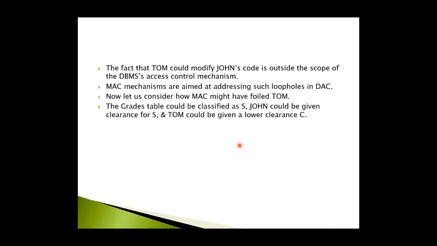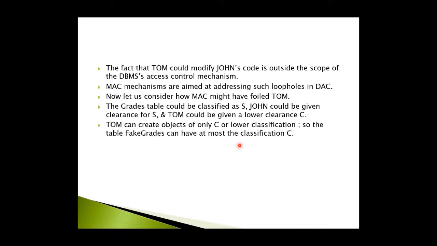Now if you see the grade table, that is our object, which is given a clearance of S. John is the instructor, our subject. He is given the clearance S, that is again secret, which is equal to the object's clearance. And Tom is one more subject or user, and he is specifically given the lower clearance, that is C. That is nothing but confidential.